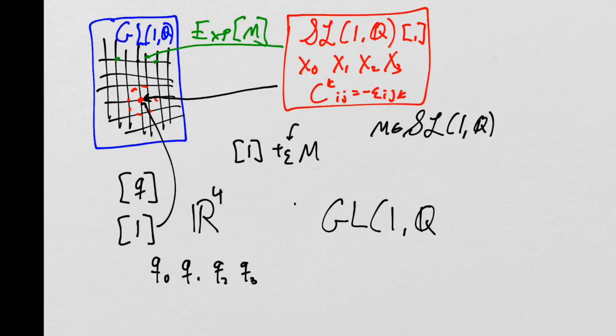I can make any one-dimensional quaternionic matrix with this basis, right? I haven't imposed the constraint that the modulus of the determinant of everything in here has to be unity. And that's this determinant constraint.